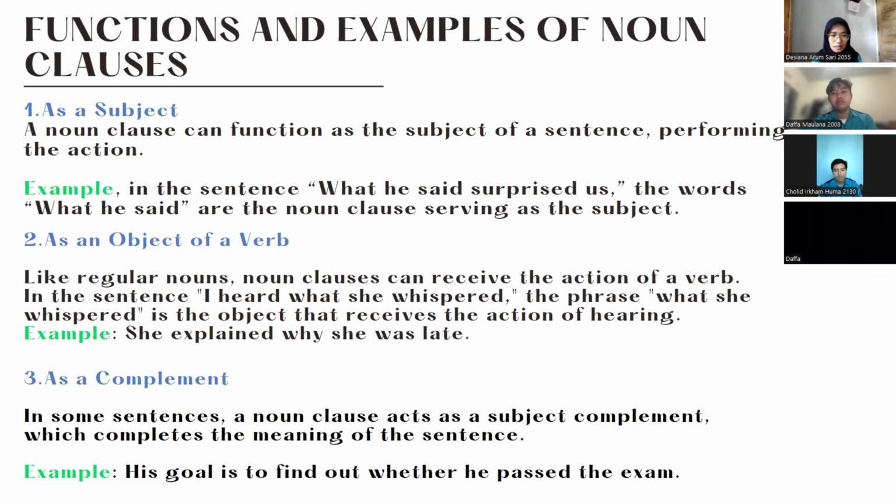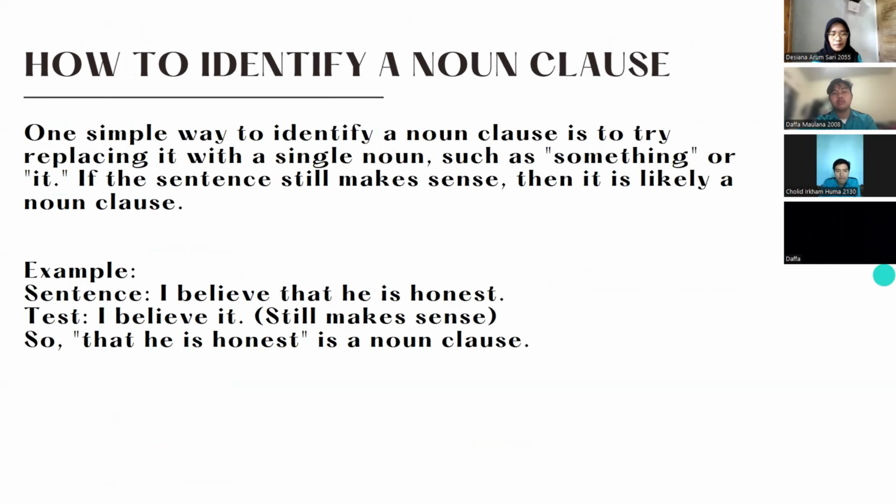Number 3. As a complement, in some sentences a noun clause acts as a subject complement, which completes the meaning of the sentence. For example, "His goal is to find out whether he passed the exam." How to identify a noun clause?